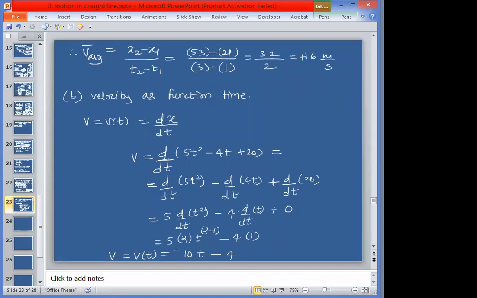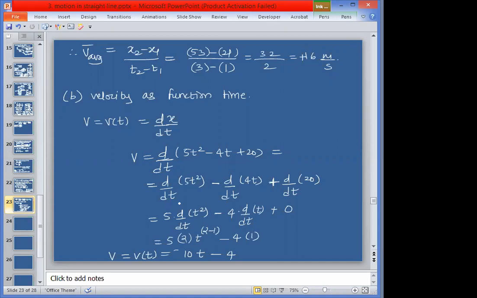Do you remember derivative? How many of you remember derivative? Reply me in the chat box, yes or no. It was just the previous chapter, 5-10 days before we did that. Derivative and integration, do not get confused in the formula.